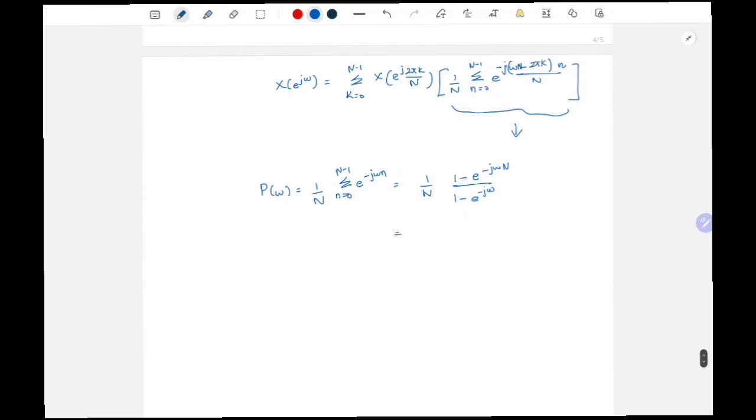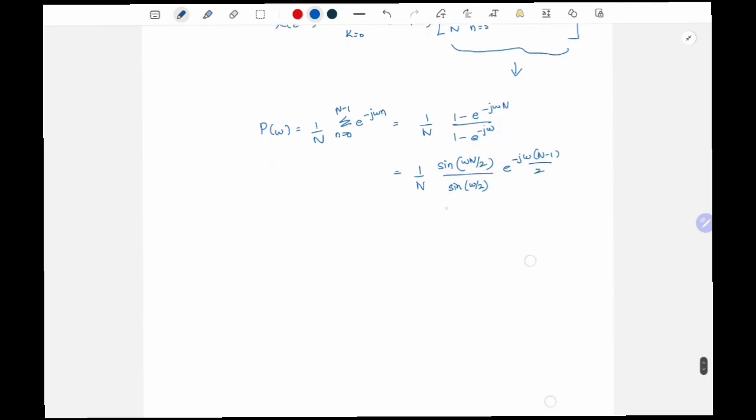And this is nothing but, if you take e^(minus jωN/2) and from the denominator e^(minus jω/2) outside, you will have 1 by N, sine of ωN/2 by sine ω/2, e^(minus jω(N minus 1)/2). So this is similar to the sinc interpolation.